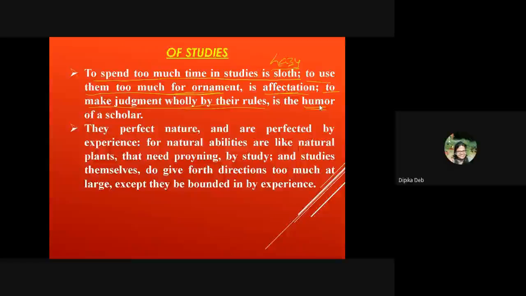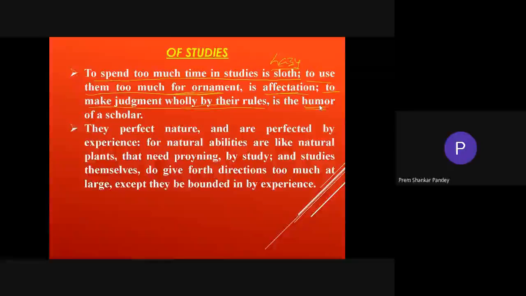He is saying studies give us direction, the right directions, that what is right and what is wrong we can know only by studies, except that they are bounded by experience. And at the end he is saying that experience can be gained only by studies. And I don't understand the last line.